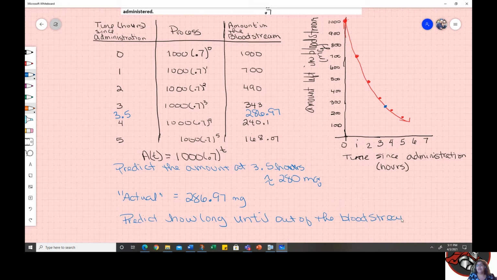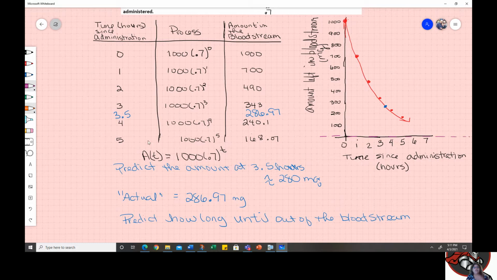Well, here's where we have to remember that exponential functions have an asymptote. We talked about this in our introduction to exponential functions. There is an asymptote at this x-axis.